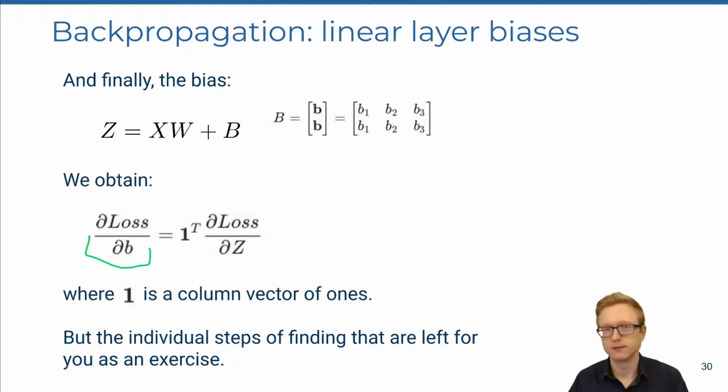And again, if we use the same derivation as we used before, what we get is that this is equal to a column vector of ones transposed, so it's a row vector of ones, times the partial derivative of the loss with respect to z, which is the partial derivative that we assume we are getting passed down to us from an upper layer. But I will leave that to you to do this derivation and to figure out why this is a column vector of ones that we are using here for the bias updates.